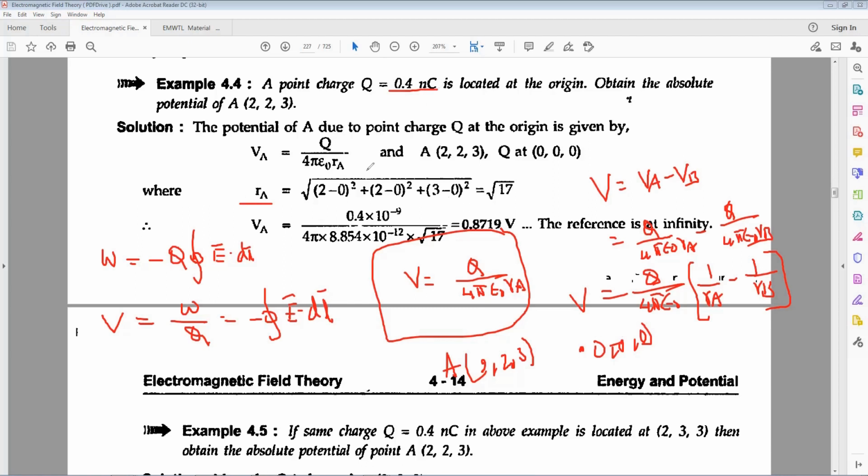Substituting Q, 0.4 nanocoulombs, and 4 pi times 8.854 into 10 to the power of minus 12 under root of 17. Got it, my distance. The relation between work done and the potential: V is equal to work done per unit charge, which is minus integral E bar dot dl. The potential of a point charge is Q by 4 pi epsilon naught R.